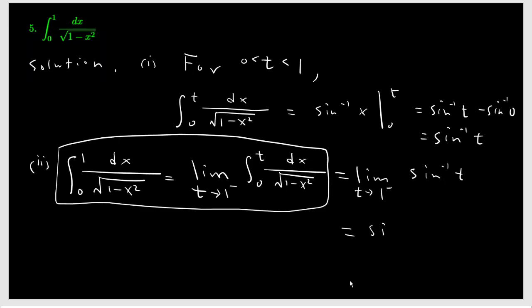So the final answer is the same, right? Inverse sine of 1, which is half pi. To get the inverse sine of 1, you think, sine of what angle in radians is equal to 1? Sine of half pi is equal to 1, right? So that's why inverse sine of 1 equals half pi. A little review on how inverse trig is defined.